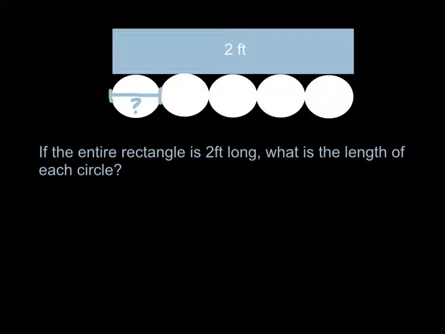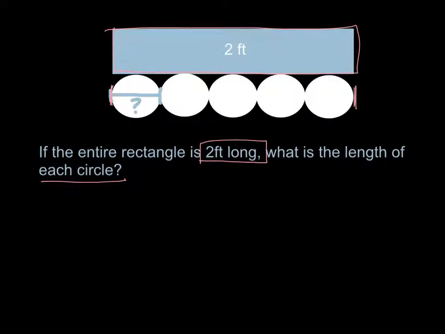The last type of model we're going to look at is if I'm given a shape, in this case the rectangle, and it tells me the entire rectangle is 2 feet long. I need to find the length of each circle, and the circles perfectly match the distance of the 2-foot rectangle.